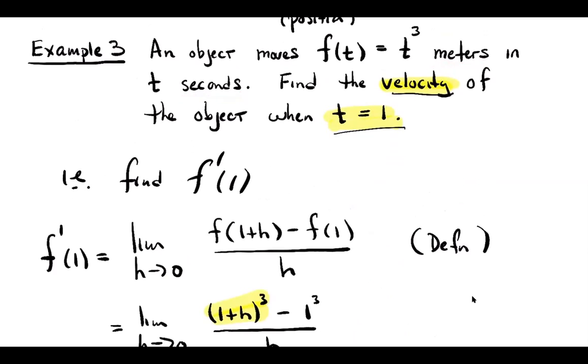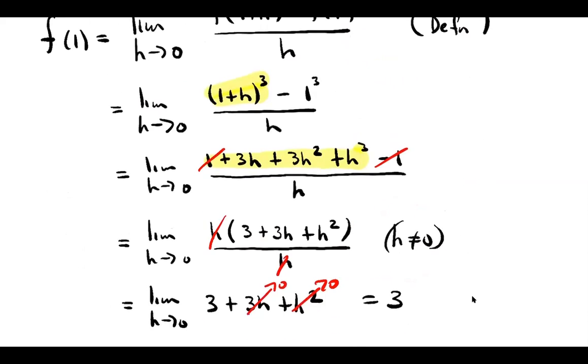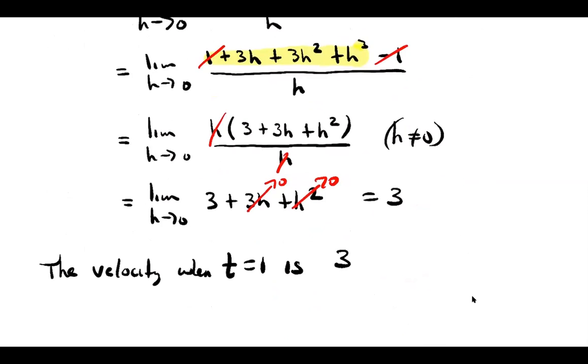It tells you what the units are. This difference in the numerator is a difference in meters. The difference in the denominator is a difference in seconds. Well, if you divide meters by seconds, you get meters per second. So my better answer than just saying 3, I want to say it's 3 meters per second. That's the velocity of that thing.